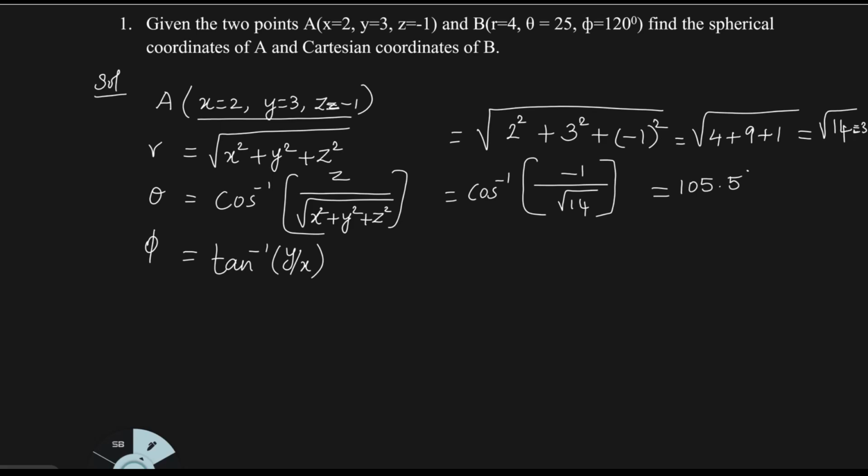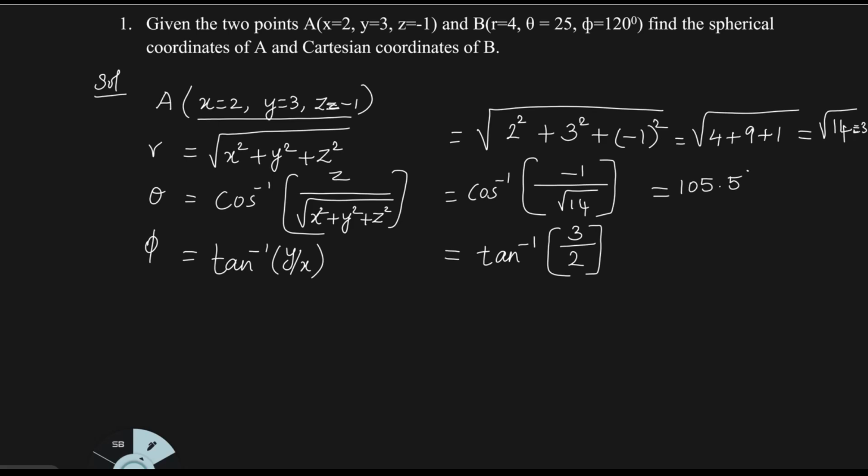Then the pi value. The formula to calculate pi is tan inverse of y by x. So, tan inverse of y, which is 3, and x, which is 2. Tan inverse of 3 by 2.